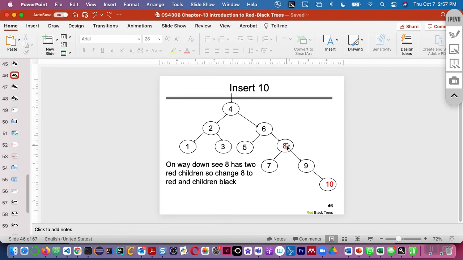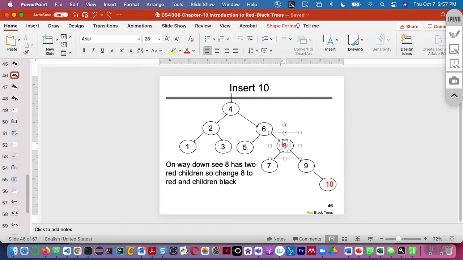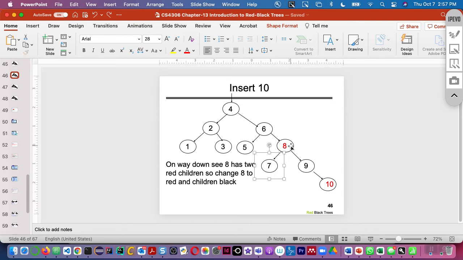But now if you want to delete 8, we see that 8 has a child, right? It's not a leaf node and it is red, right?